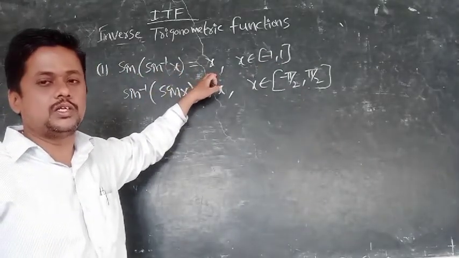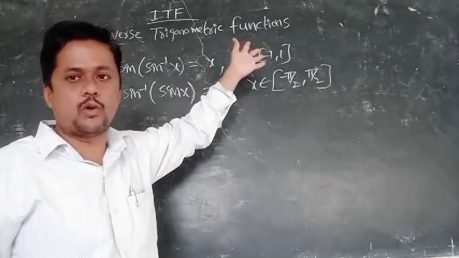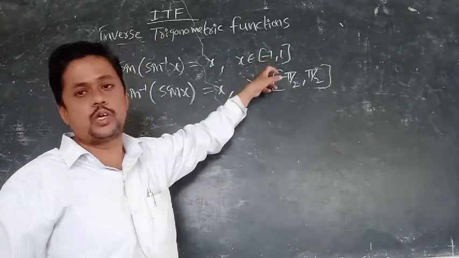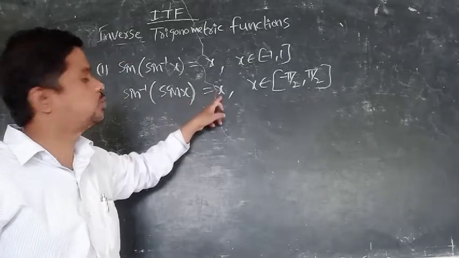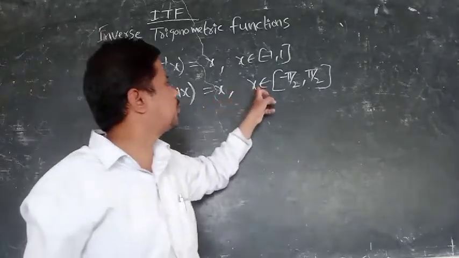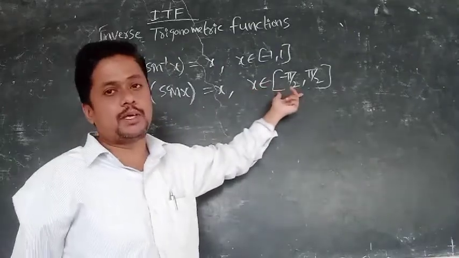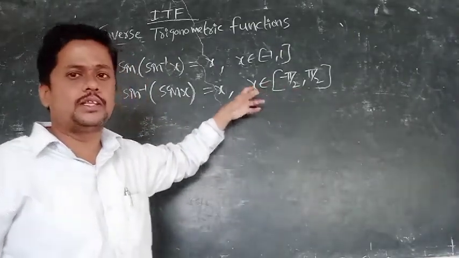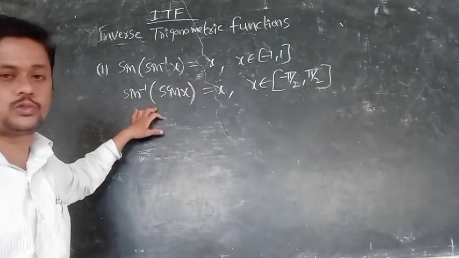Beyond those limits it won't work. Similarly, sin inverse of sin x is equal to x, where x belongs to this interval. If x lies in this interval, then this property holds.